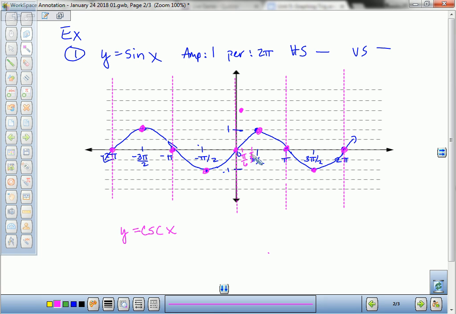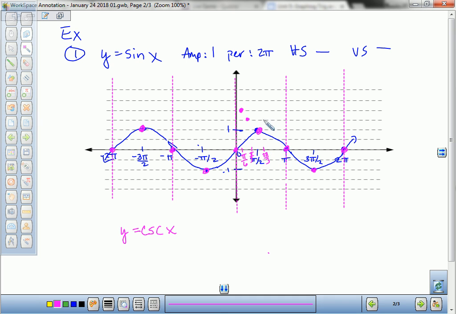Use your calculator. It's a little bit between 1 and 2, like 1.2.